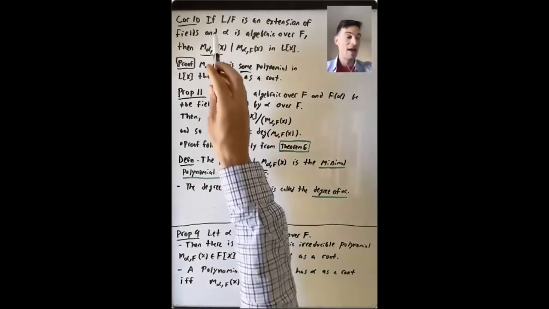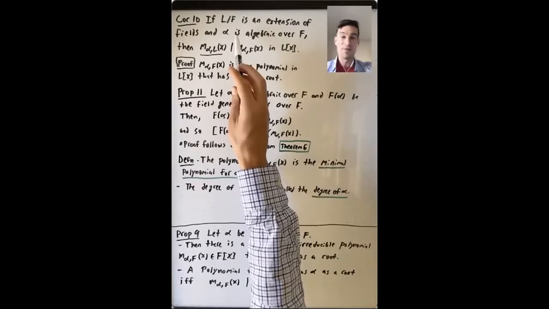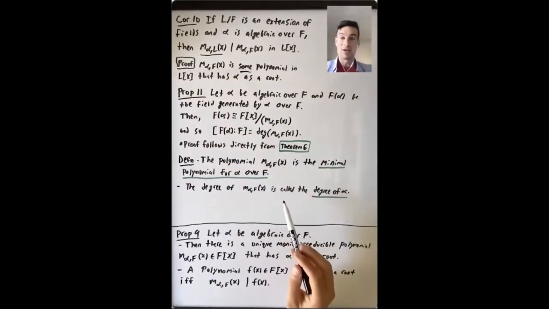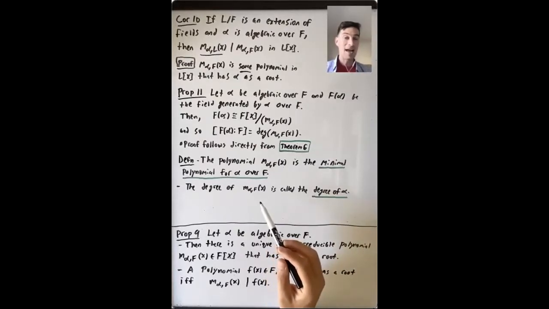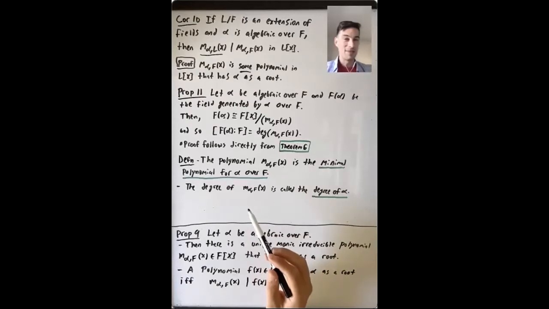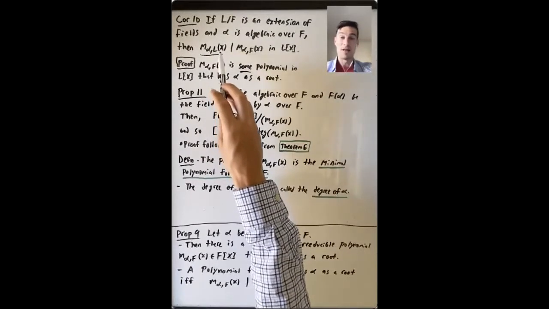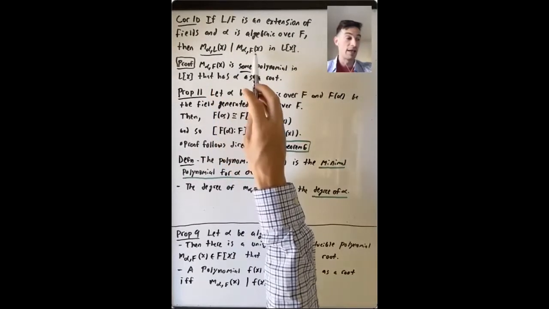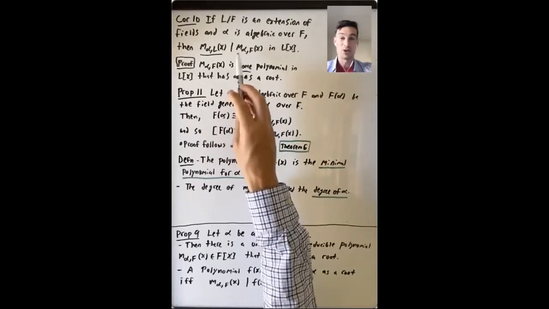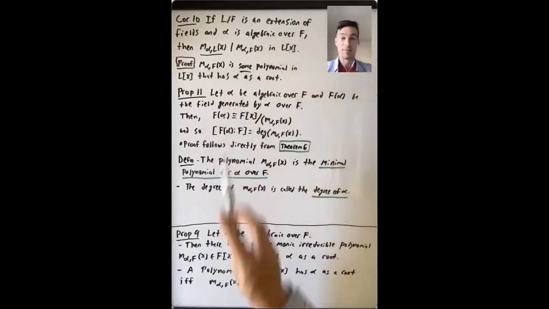If L is an extension of F and alpha is algebraic over F, it's also algebraic over L. And we see that the minimal polynomial for alpha over L divides the minimal polynomial for alpha over F. So in terms of degrees, for the bigger field, the minimal polynomial can have smaller degree. So it certainly can't have larger degree than the one for the smaller field.